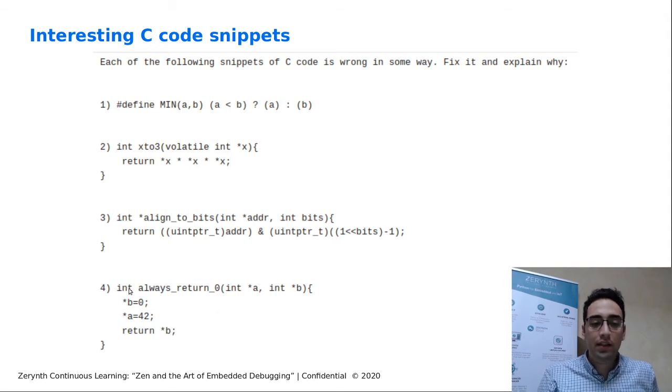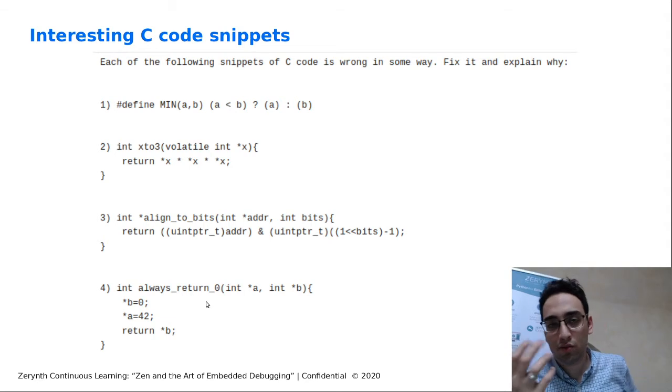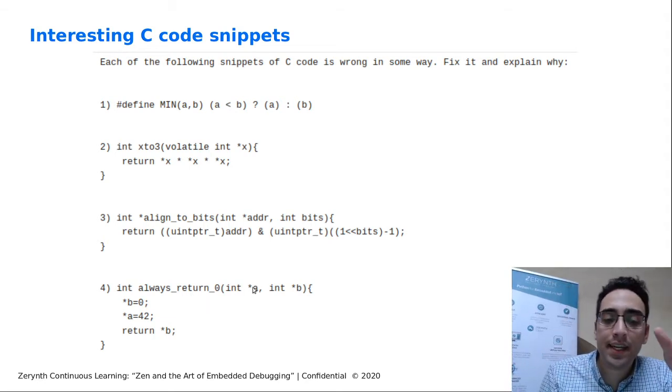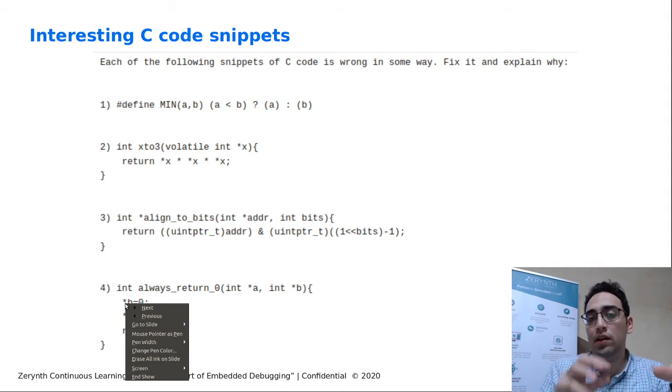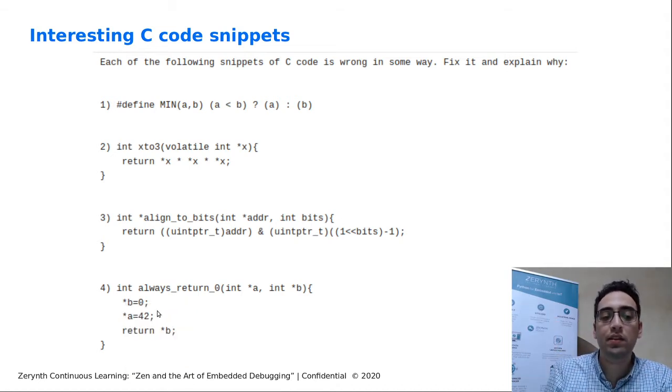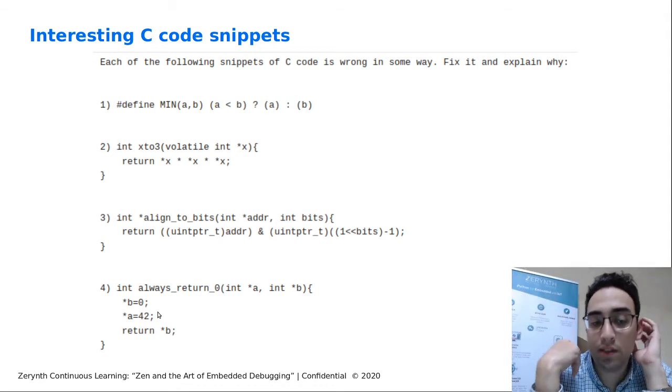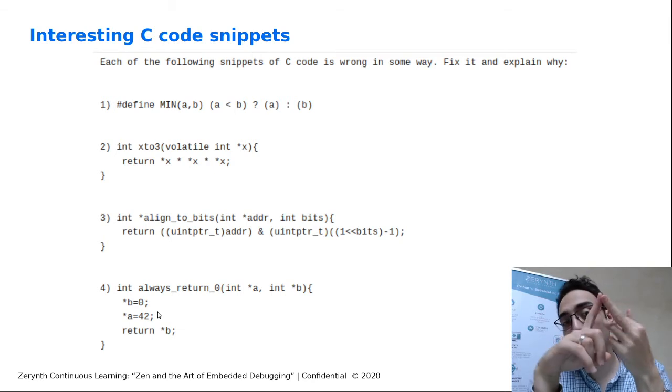Now the fourth example, which is the always return 0. This function has a name of always return 0, and it takes 2 integer pointers, A and B. It dereferences B and puts a value of 0 in it, and then dereferences A and puts a value of 42 in it, and then returns the value of B. There are 2 problems with this example.